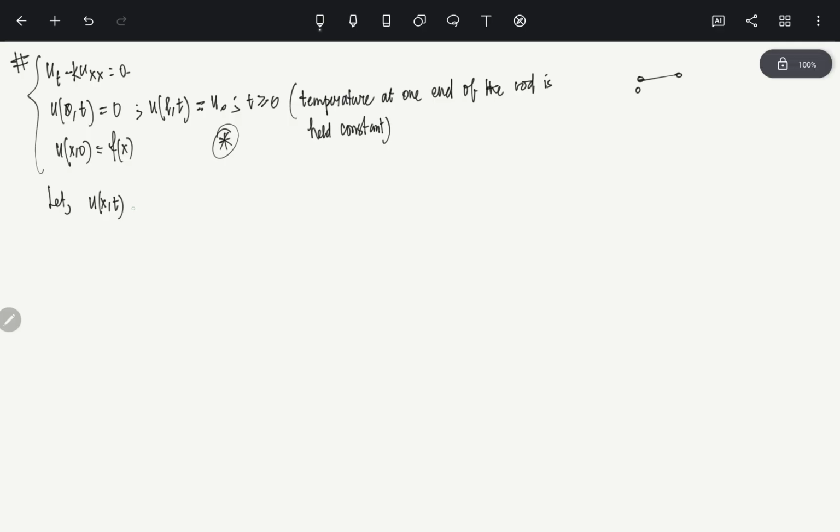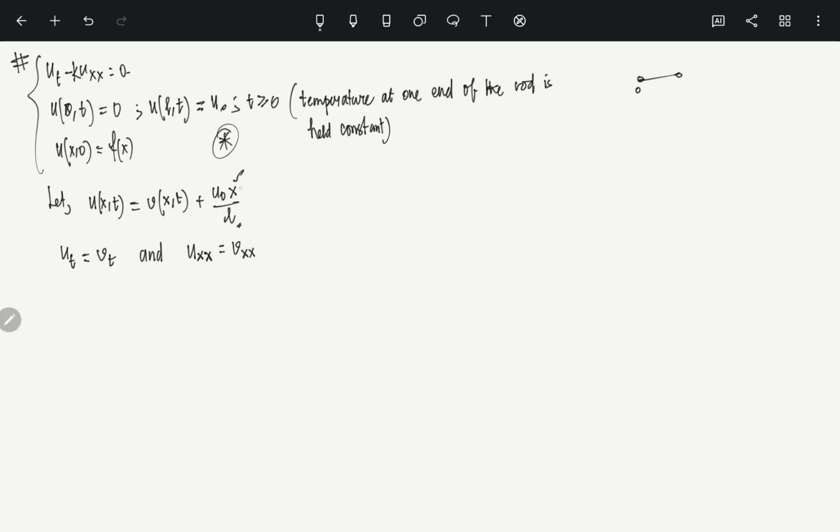Okay, so let u(x,t) be your solution, and we want to break that solution up into two parts. One part is v(x,t), and then there is another part which takes into account u naught. So I am writing it as u naught x by L. Is it okay? Now if we substitute this in the equation, what happens? u_t is nothing but v_t. This is independent of t, and for u_x, if you do it twice, it becomes v_xx.